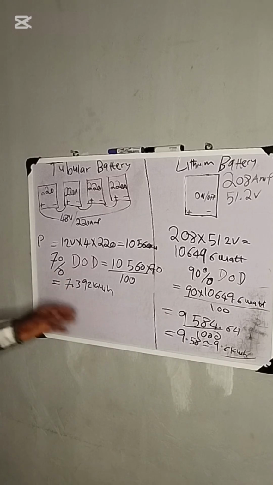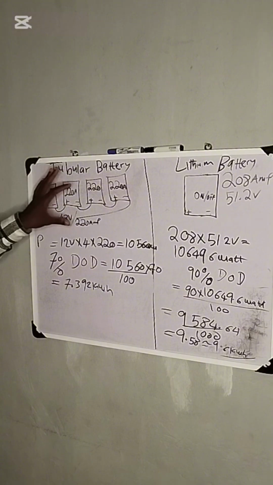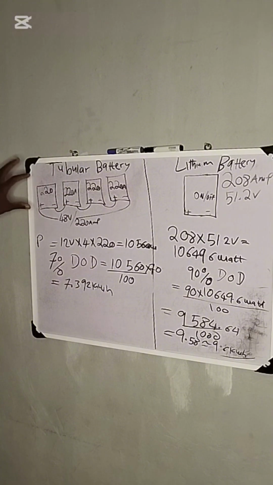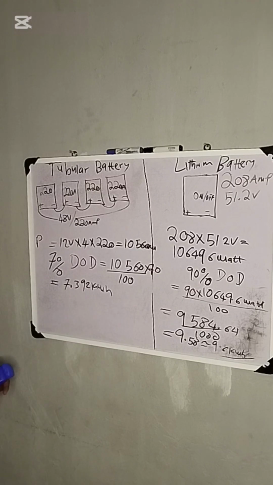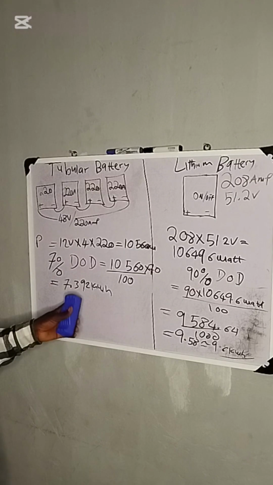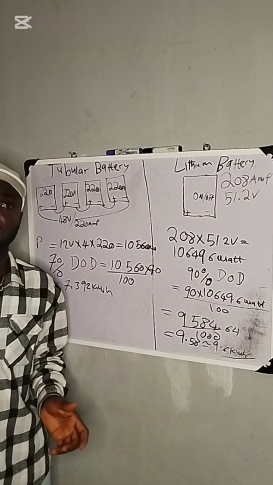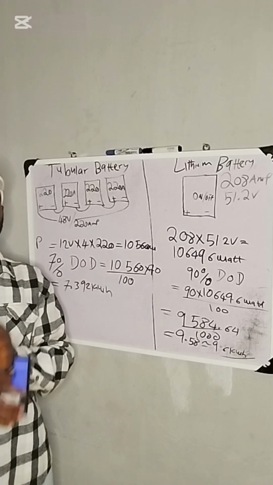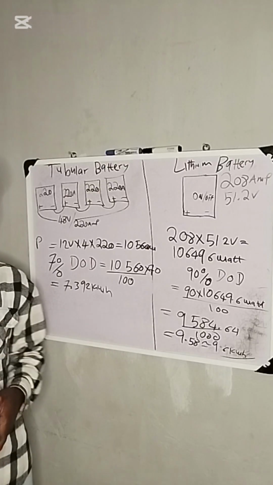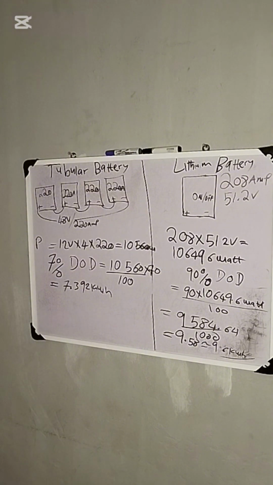In the lithium battery, you can use 9.5 kilowatts out of 10,649 watts. From this, you can notice that you can use your lithium battery almost 100%, while your tubular battery can only use 70% of it. So tubular battery is the best.